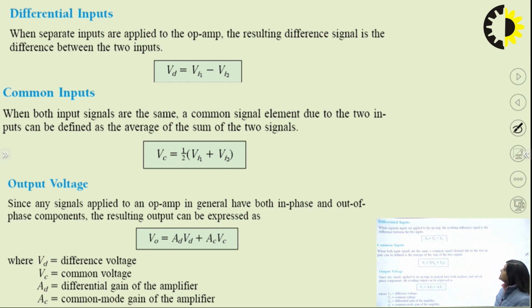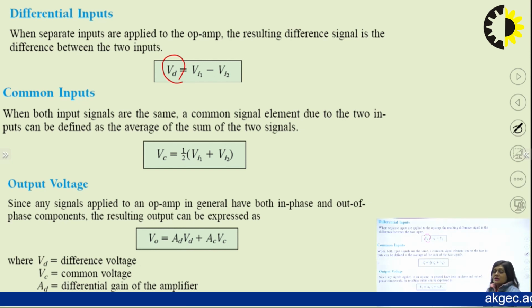Now this is the differential input. When separate inputs are applied to the op-amp, the differential input VD will be V1 minus V2, and in the case of the common input, the voltage will be Vi1 plus Vi2 divided by 2. Means if we are applying the same voltage at both ends, the input voltage will be 1 upon 2 of Vi1 plus Vi2.